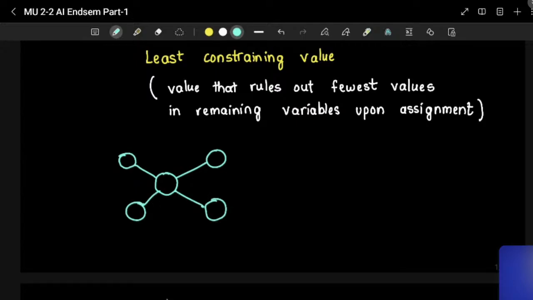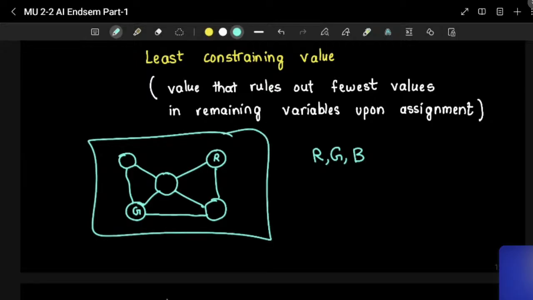Let's say this is a map coloring problem. So you have red, green and blue. Let's say this is the current state. What is state? I told you, in CSP, state means assignments made to some or all of the variables.